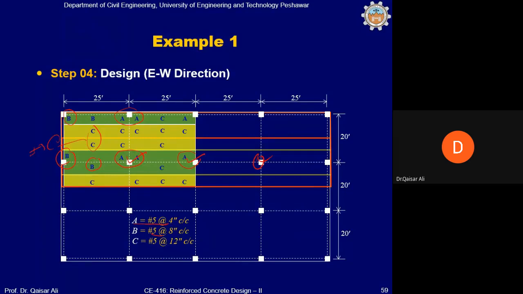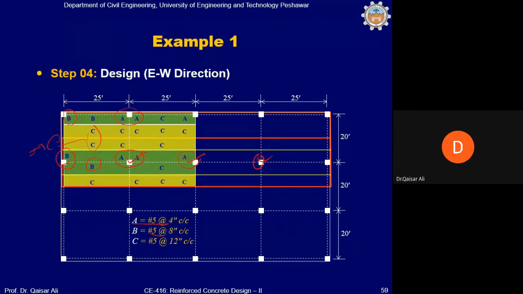Every designer will come up with different spacing and different arrangement of bars in the final design, depending on the area of steel he chooses for his final design and the spacing arrangement.